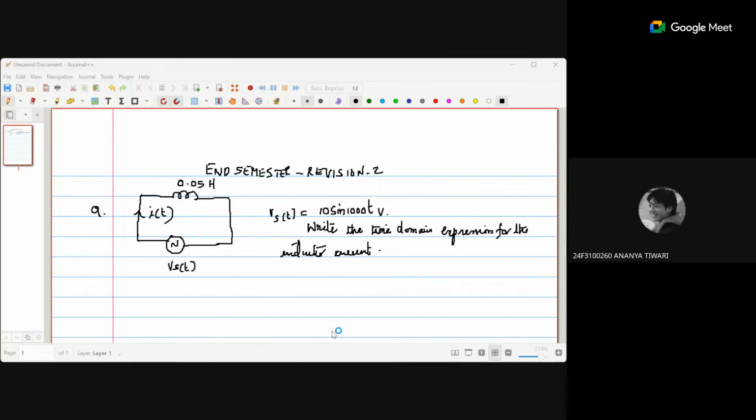Right now, fine. Tell me, what is I of t? 2000 bracket 1 minus e to the power minus 0.05 t. How? Let's do it here.